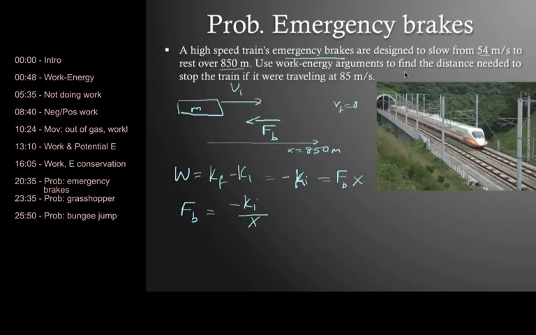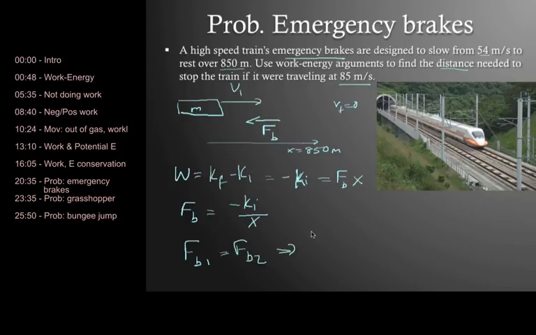So now I want to know how far the train will need to stop if it's traveling 85 meters per second. So in both these cases, I'm assuming that the force of the brakes is going to be the same. So it's just going to take longer to stop the train when it's going faster. So then basically I have FB1 is equal to FB2.